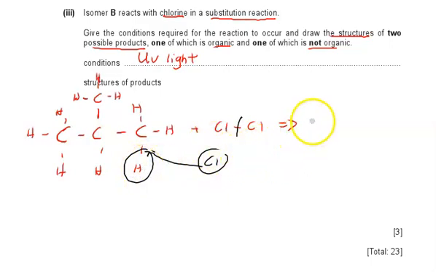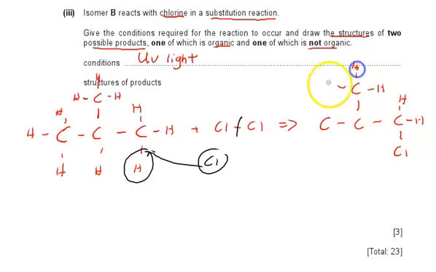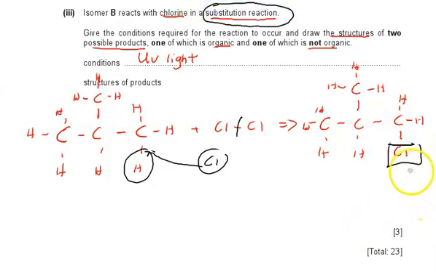So at the end you'll have, let me draw it again, the same thing, C, C, C. Here you have a chlorine, hydrogen, hydrogen, and here's one more C, hydrogen, hydrogen, hydrogen. You can notice this part is being replaced. That's why the reaction is a substitution reaction, they replace. So where does this hydrogen go?